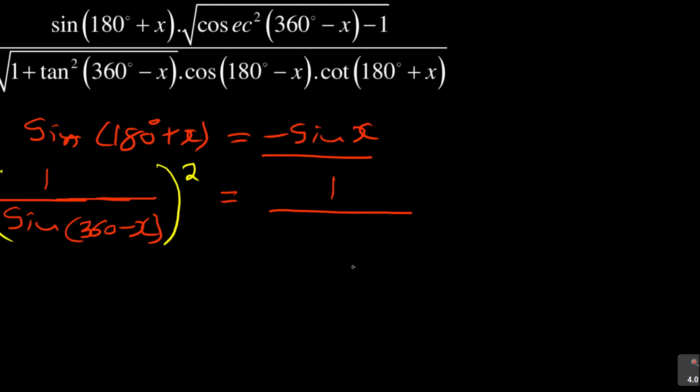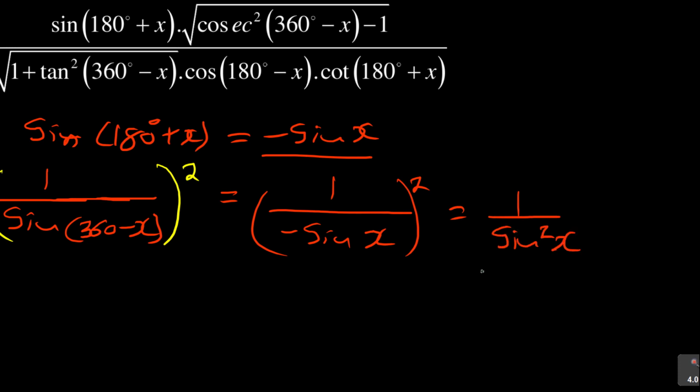This is also minus sine x, but you put a squared, which is now positive, which is 1 over sine squared x. I want to maintain sine, I don't want to work with cosec. Alright, and then after that, let me see, do I really need to work with cosec?